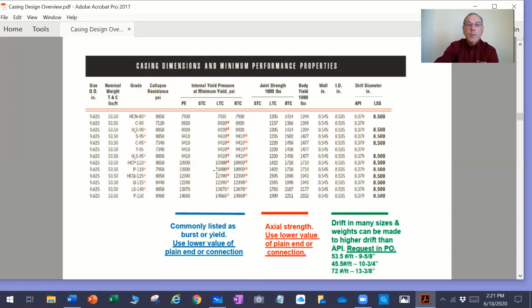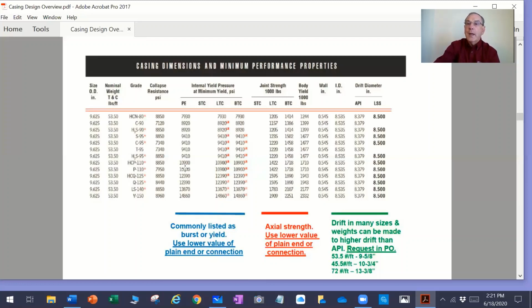They also give the rating based on two API connections, LT and C, long threads and coupling, and buttress, BTC, buttress threads and coupling. Both of them are rated to 10,900, which is equal to the plain end pipe. One thing you should watch is that sometimes the ratings of the connections are less than the plain end pipe.